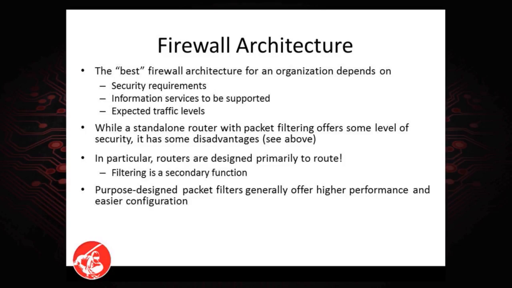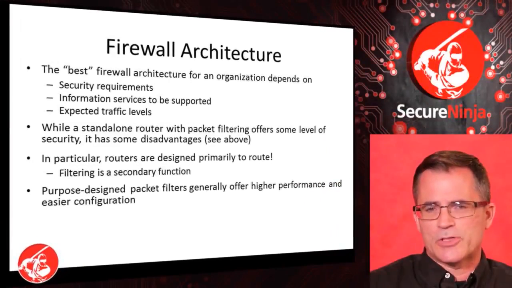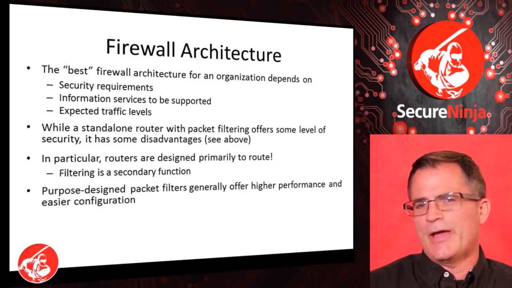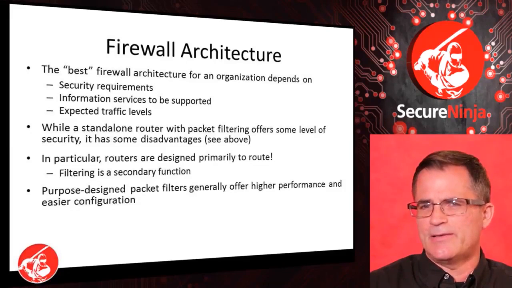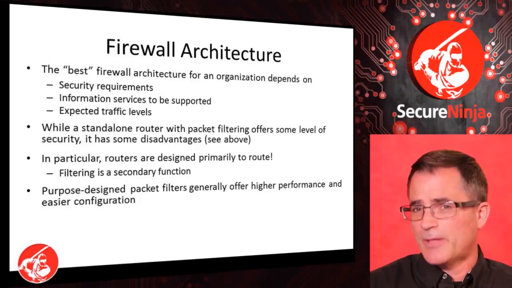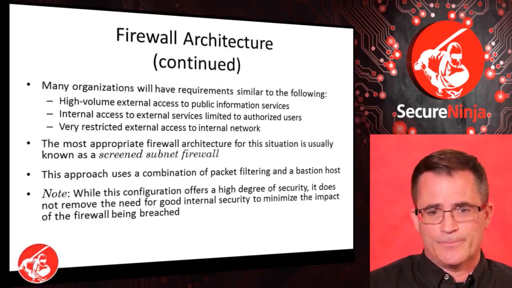So purpose-designed packet filters have much higher performance and easier configuration and are much better when it comes to firewall architecture. As I showed on the flip chart on the easel a little while ago, there are different architectures and firewalls. So you have to be aware of this when you're testing that you're probably going to run into some type of firewall architecture.